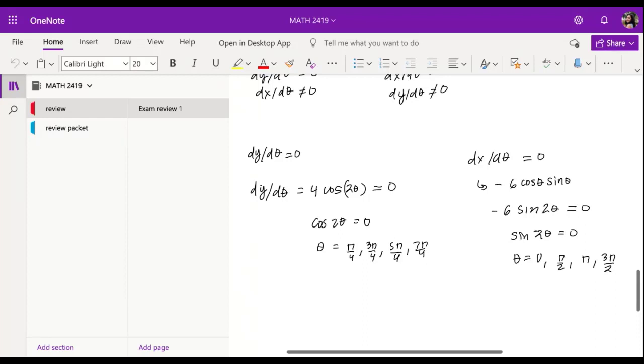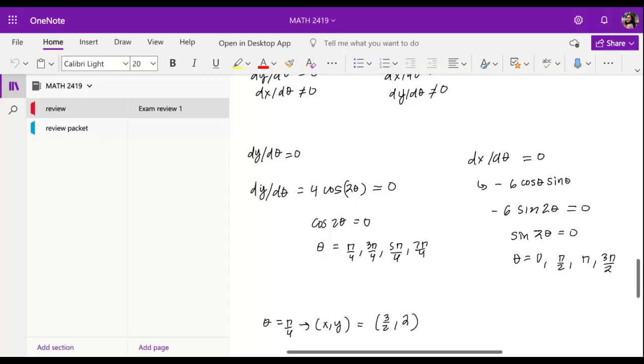If we plug π/4 into x and y, we will end up getting 3/2 and 2 as our first point for our horizontal tangents. And same for every single θ value. If we plug in 3π/4, we should get 3.